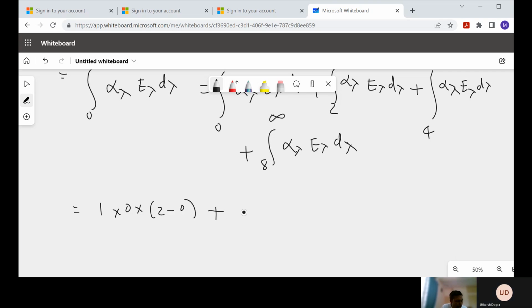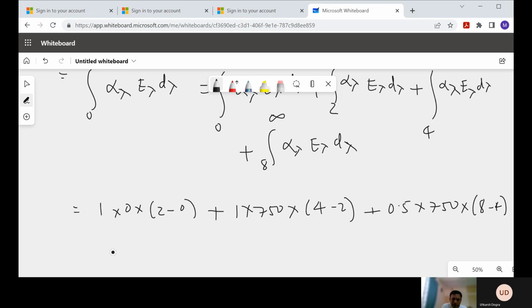Second case, what you are going to get is 1 into 750, 4 minus 2, plus 0.5 into 750, 4 to 8, 8 minus 4, correct?